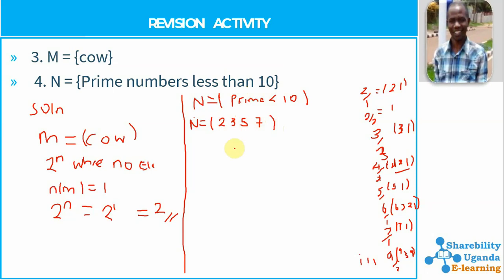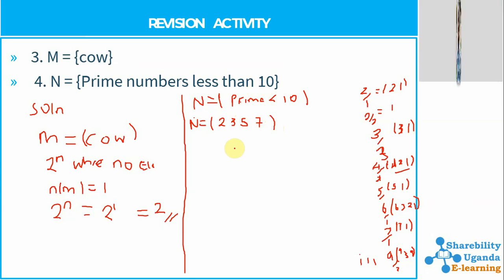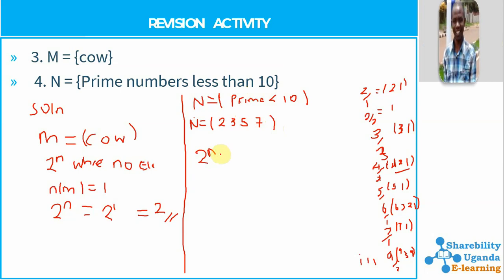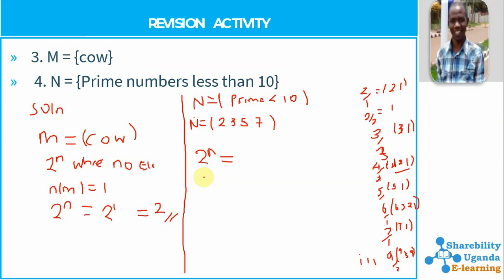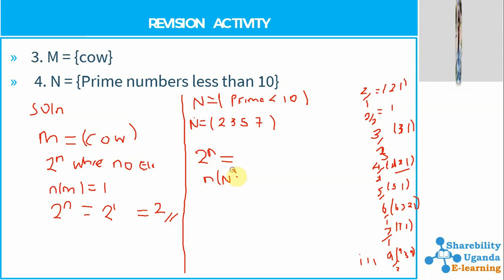So now what is remaining is to find the number of subsets within our set, which is n. Then using our formula, which is 2 to the power n, where n is the number of elements in our set. Let's count them.